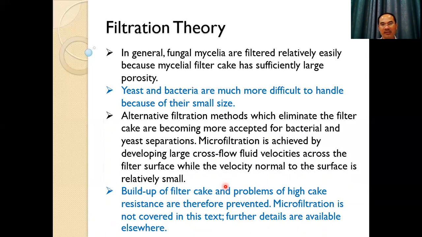This is easy to do. We will stop this lecture here, and then continue in the next lecture about centrifugation. Centrifugation is another technique to separate solid from liquid, especially for small particle size. Okay, see you in the next lecture.